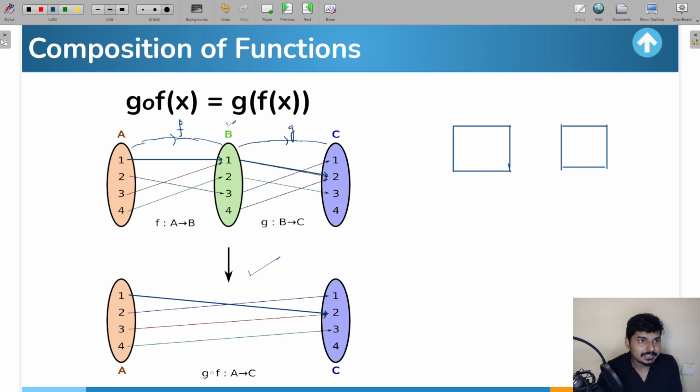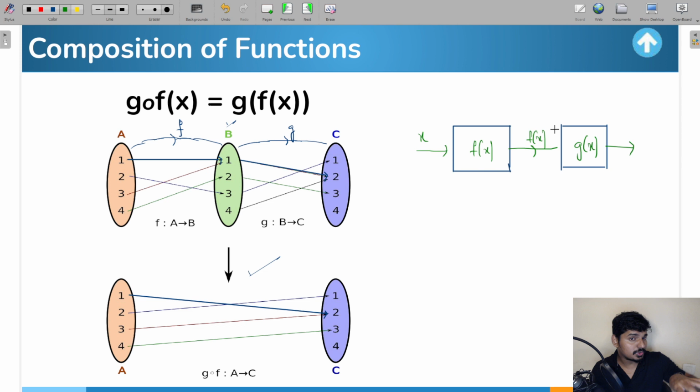Now let us say that you have taken x as an input, and let us say the first function, which was the first machine which you have, is going to be f of x. So whatever output you're going to get, this is going to be f of x, guys. The second machine which you have, let us say it's going to be g of x. Now this output which you got from machine number one will go to machine number two as an input.